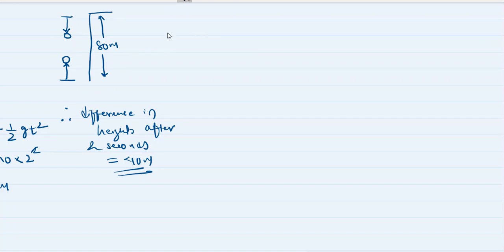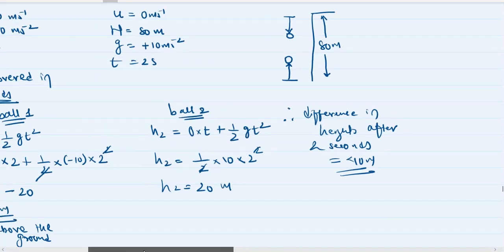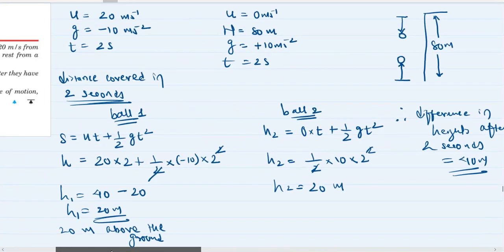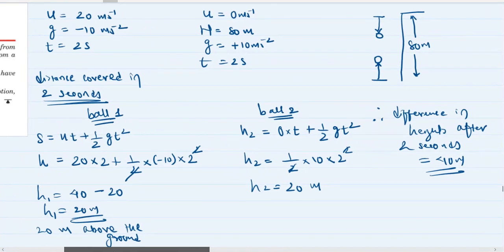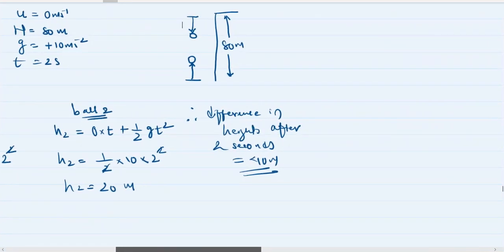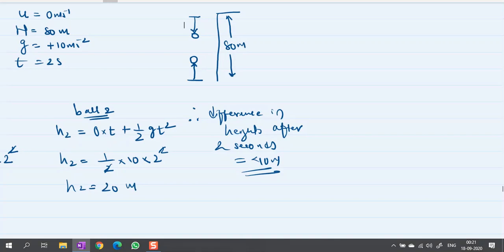They are saying that when they will collide. Now we know that both the balls are traveling a distance of 20 meter in 2 seconds each. When will they collide?